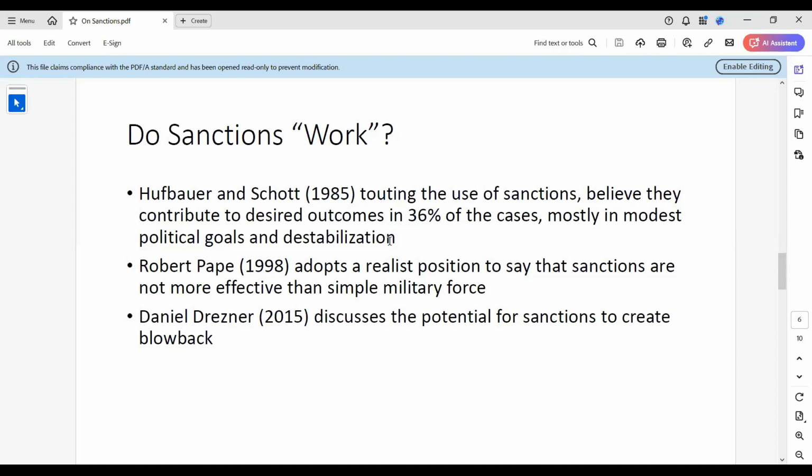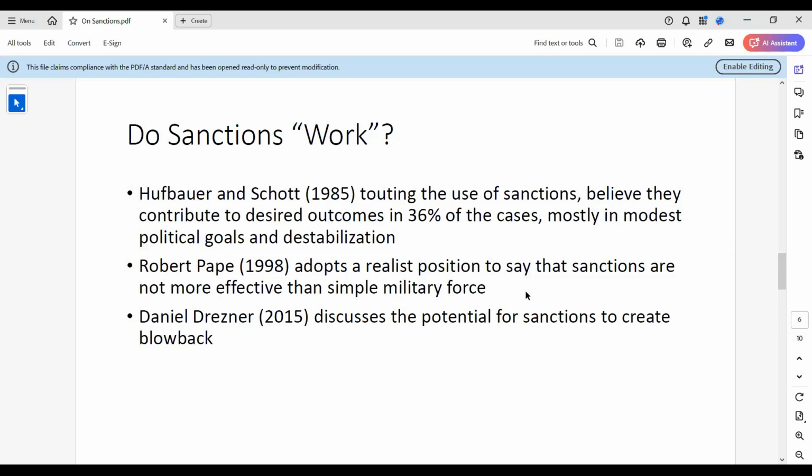Robert Pape went through there and said, well, we need to reevaluate the work of Hufbauer and Schott, because most of the ones that they call successes weren't really actually sanctions, or they weren't really as successful as the authors made them out to be. And so Pape adopts his realist position to say that sanctions are not more effective than military force.